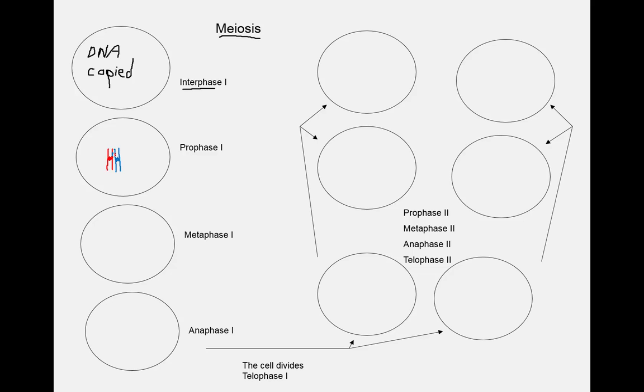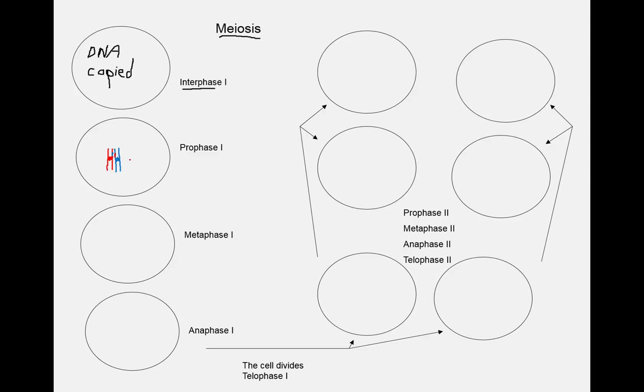And so now we have these recombinant chromosomes, in other words, chromosomes with DNA from both mother and father on it. This process that we just talked about and I just drew is called crossing over. And so crossing over is where these homologous pairs of chromosomes cross over with one another and exchange DNA with one another.